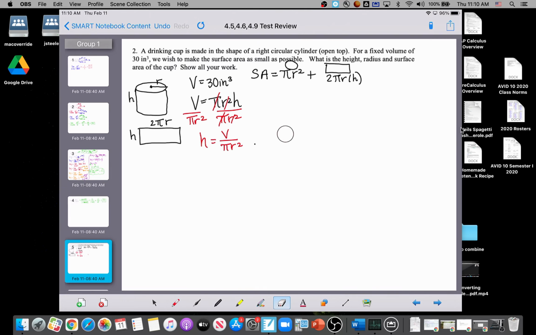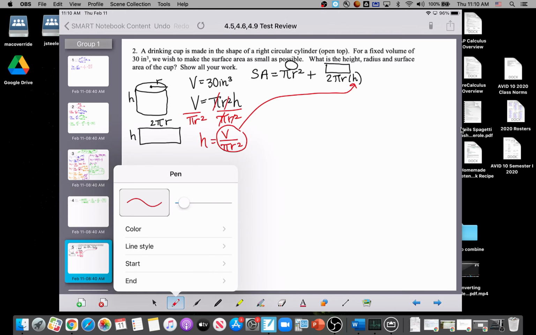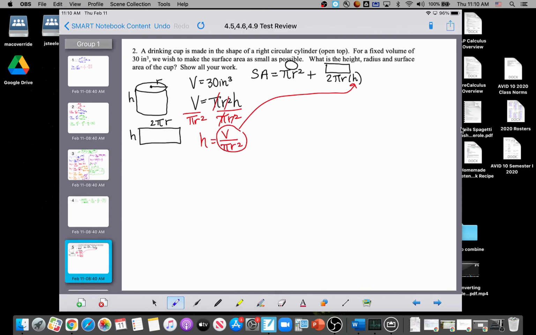And now I am going to substitute that into my surface area equation for h, so that I have a surface area equation that is only in terms of r. I want it in one variable so that I can take the derivative of it, right?